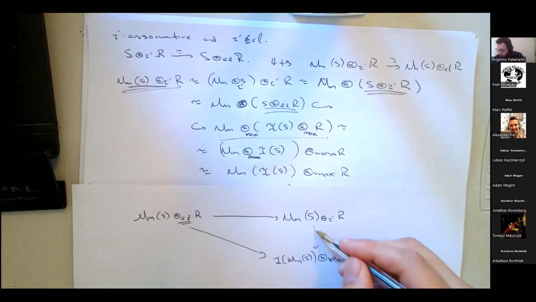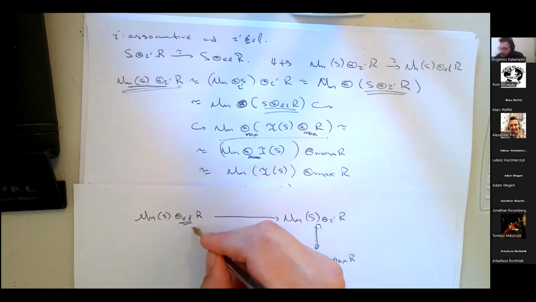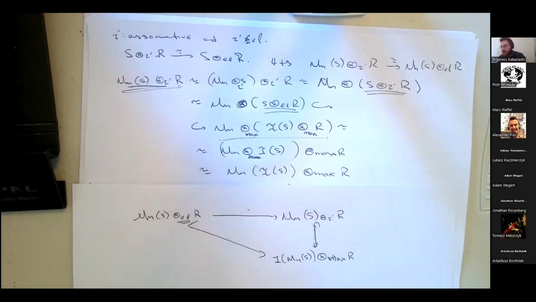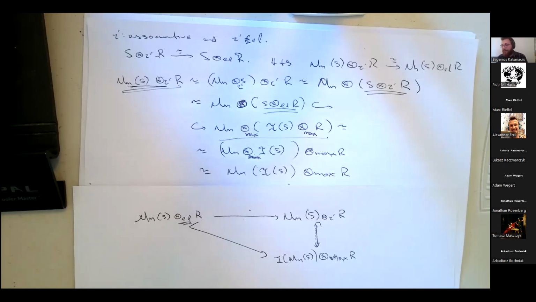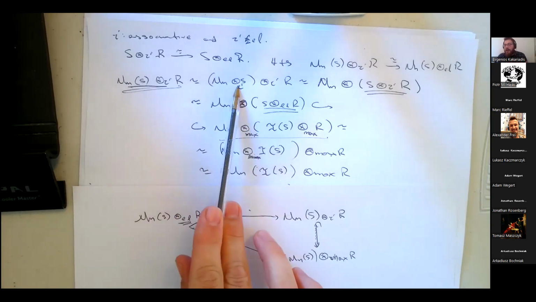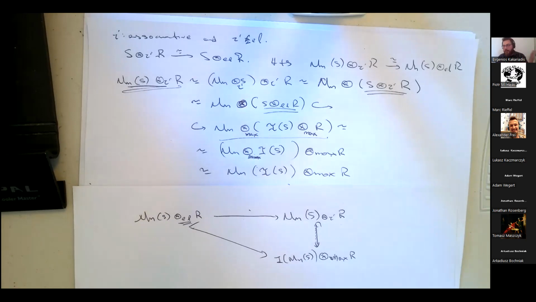That's an embedding, and therefore that is what is required. It's also a complete order embedding because of the way they are defined, and that's the idea. You play the same trick in all other cases: you try to break MnS into pieces here, pass the brackets to the other side, and then move them back again.